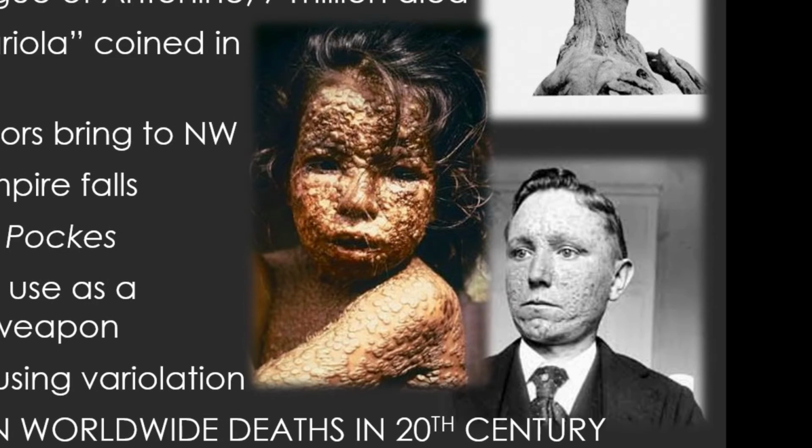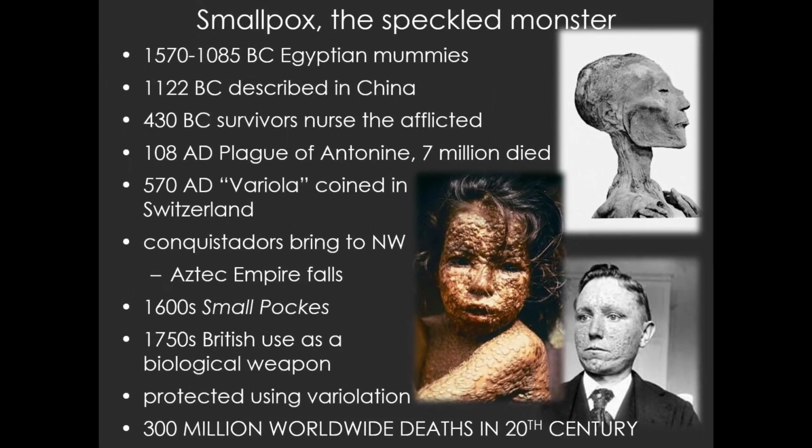The little one here has an active infection, and the black and white photo next to her is a picture of a man whose face has been scarred by those smallpox pustules. So a very disfiguring disease, in addition to the fact that it comes with about a 30% mortality rate.